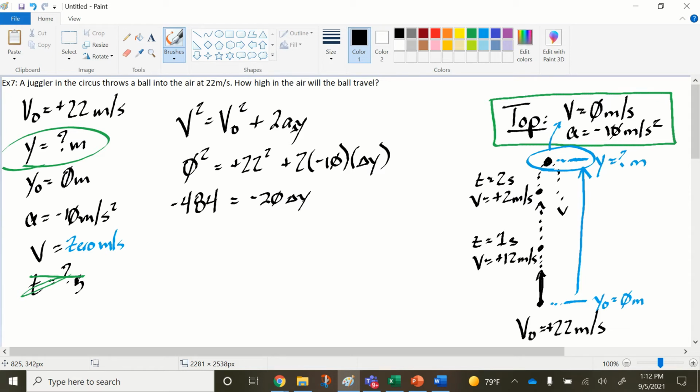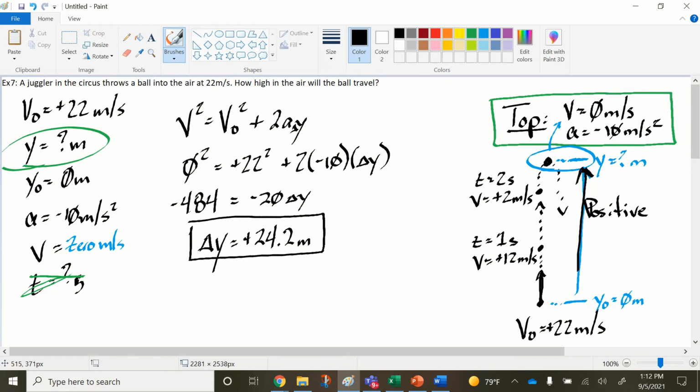That works because this went up in the air, and the upward direction is always positive. So we should get, what is that, divided by 20? 24.2 meters. That's how high in the air we went.